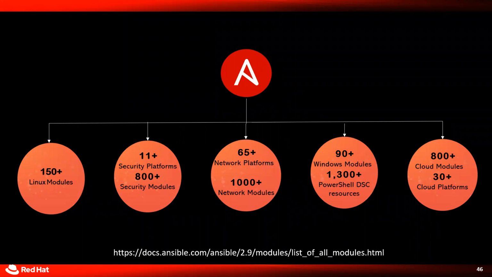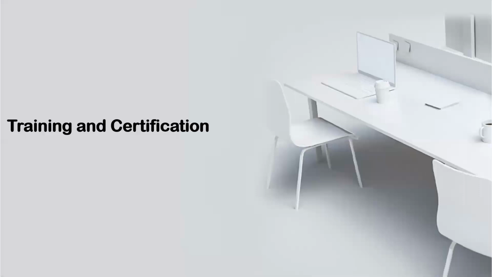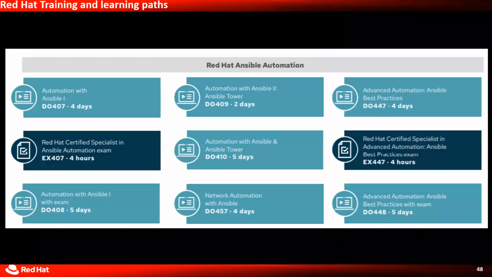So moving on, this is the last part of the session, which is training and certification. This is the Red Hat learning path for Ansible automation, where you have Ansible 407, which is, I would say, a preliminary course for Ansible automation.